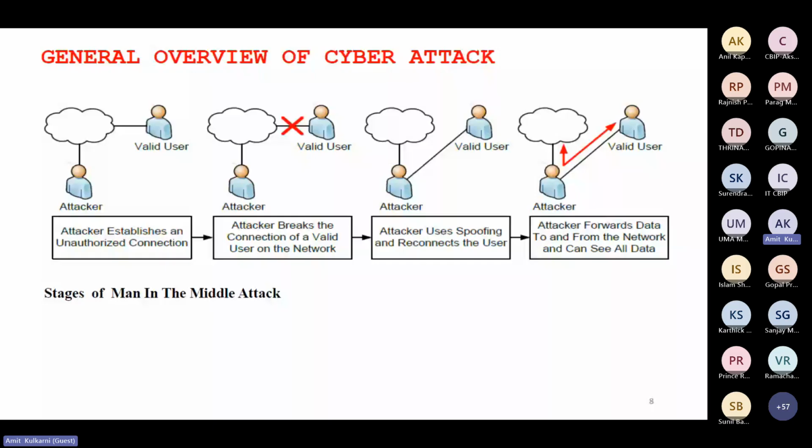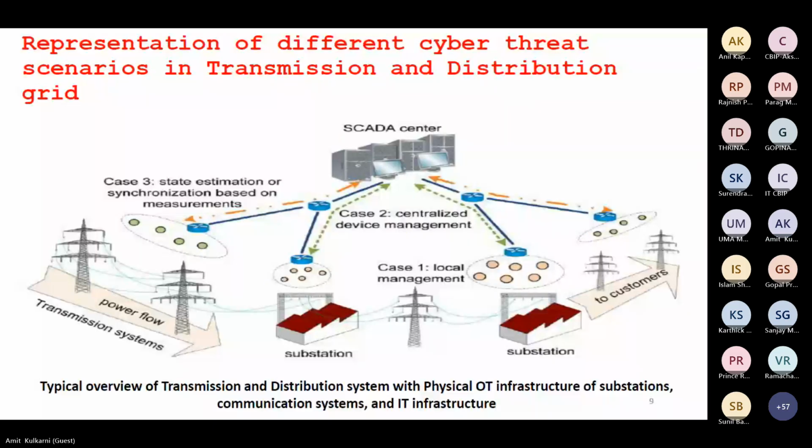Now this is one more example of how the CPS, that is the cyber physical system, and its consequences vis-a-vis its impacts. Here I have given three case studies: case 1, case 2, and case 3. Case 1 is a small local management system confined to a substation.